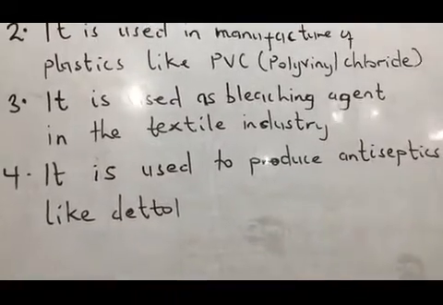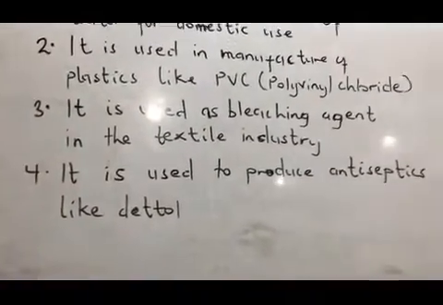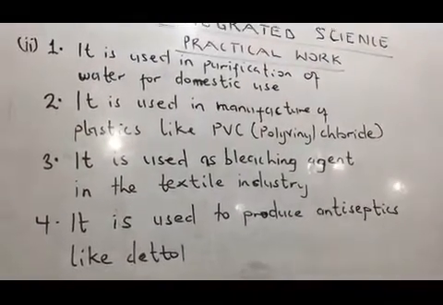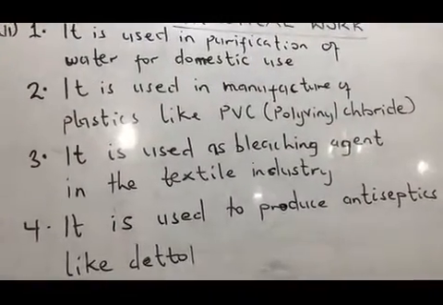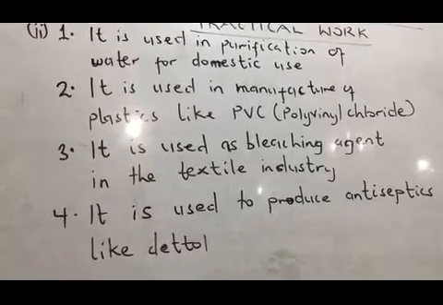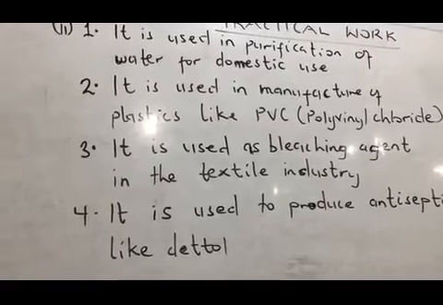Okay, so these are some uses of chlorine, and you were supposed to just give one, but I've given you 4, so you can just choose one. And that also concludes question 13.